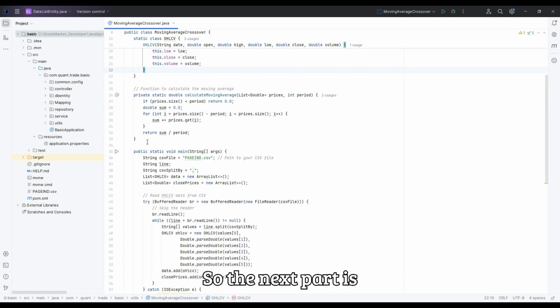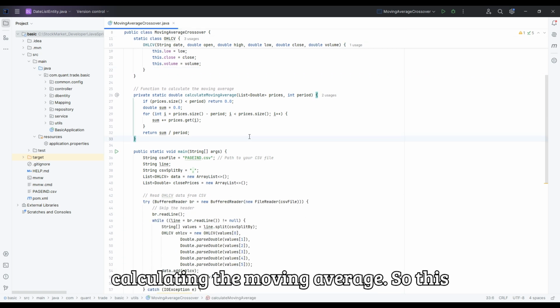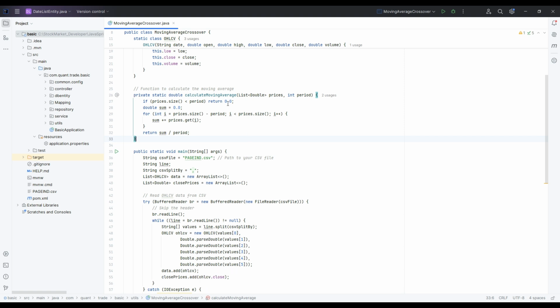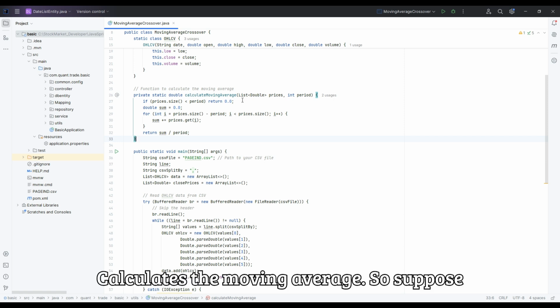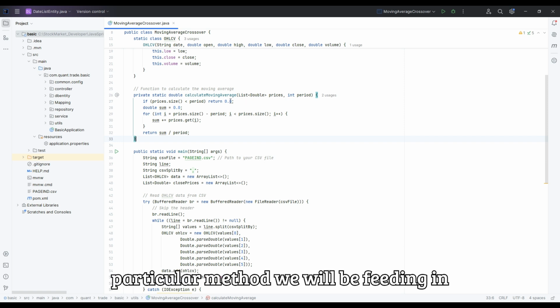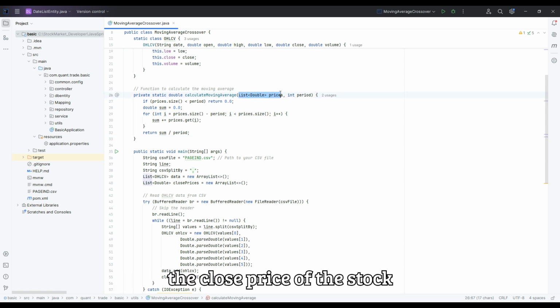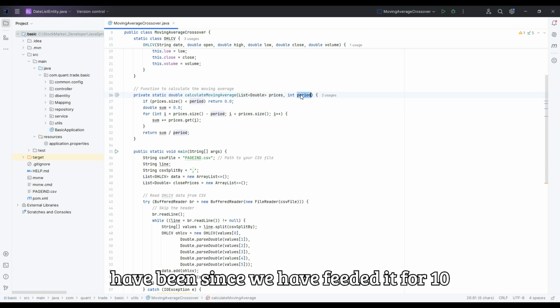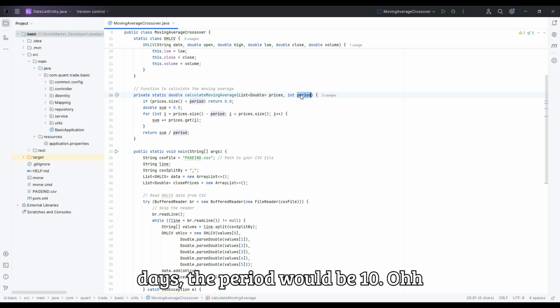So the next part is calculating the moving average. Suppose you wanted to calculate the moving average for the last 10 days. In this method, we will be feeding in the close price of the stock for the last 10 days, and since we have fed it for 10 days, the period would be 10.